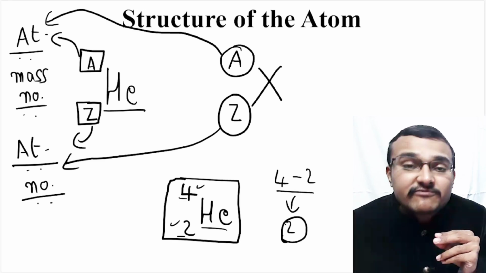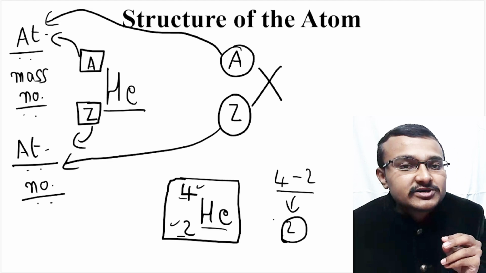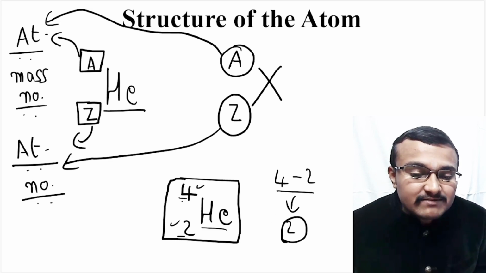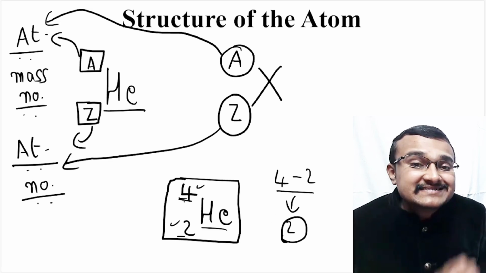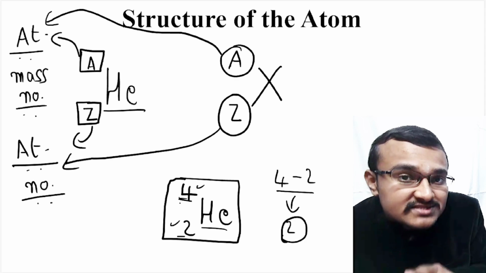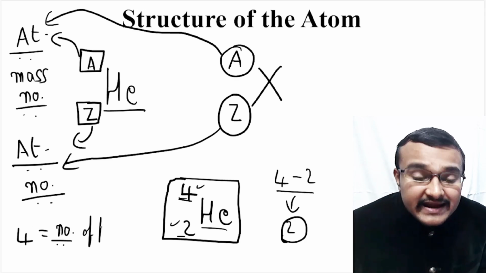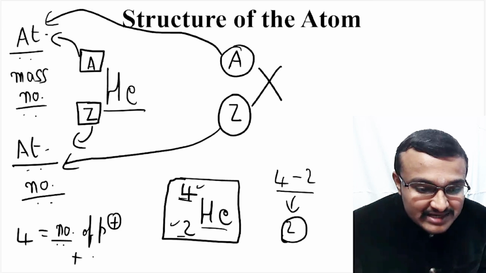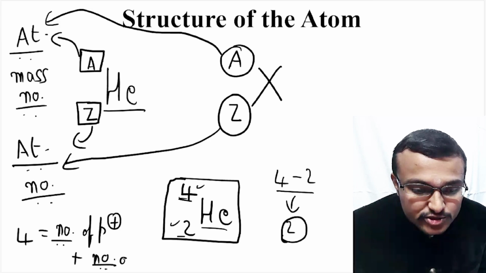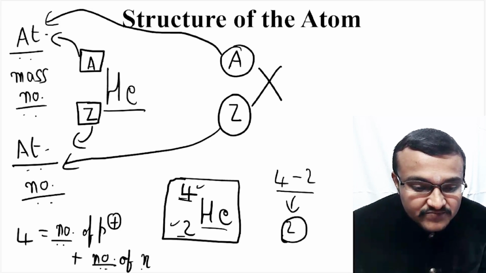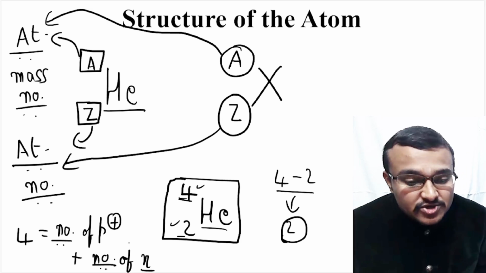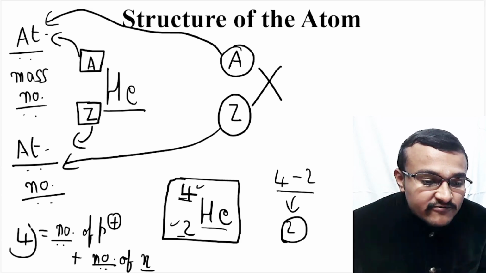This is the number of neutrons present in the atom, because the atomic mass number, 4, is the sum of the number of protons and the number of neutrons. So this 4 is equal to the number of protons plus the number of neutrons. N represents neutrons. So the number of protons plus the number of neutrons gives you 4.